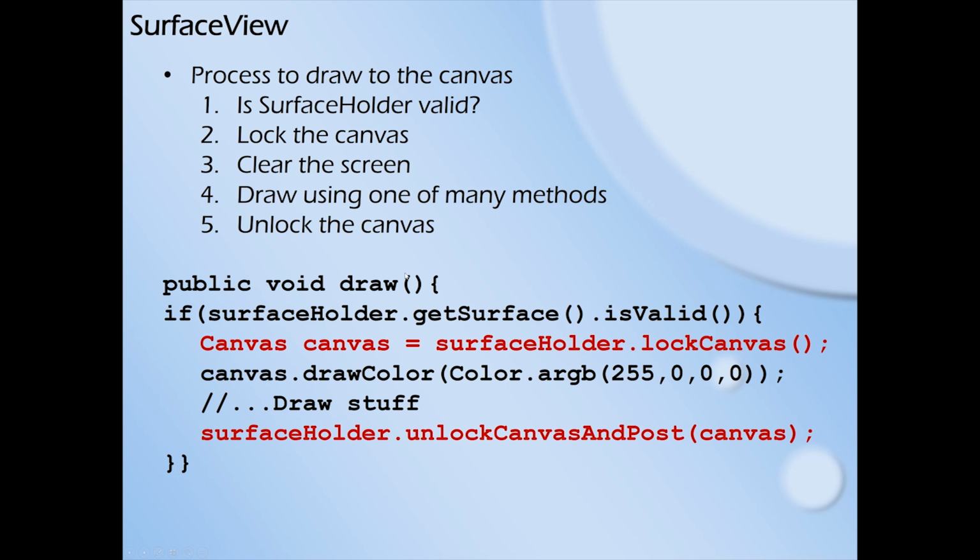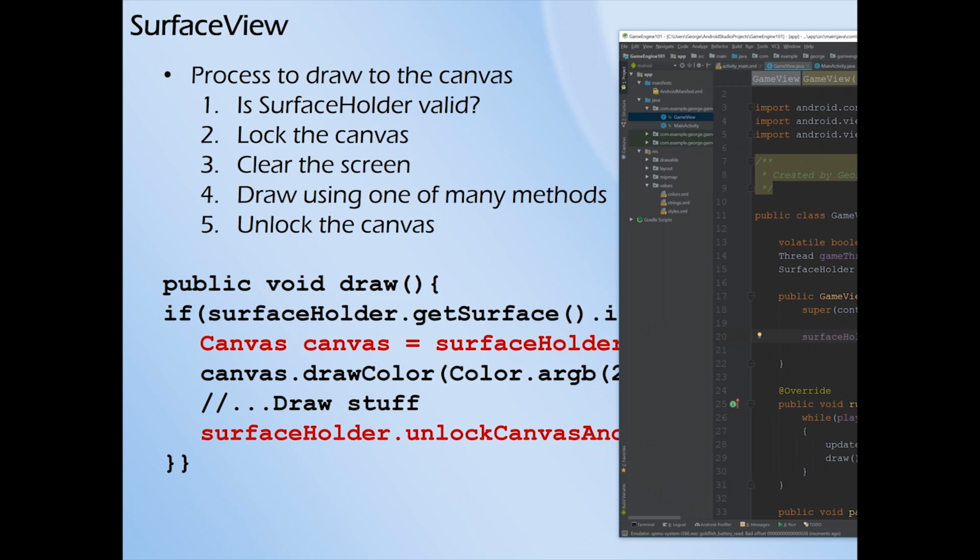Now next up, we need to deal with our draw method. Our draw method right now is not going to do much at all, but it is required to do 5 things. Check to see if the surface holder is valid, lock the canvas down so no one else can mess with it, clear it, draw whatever we want to, and then finally unlock the canvas again. So let's go ahead and do that.